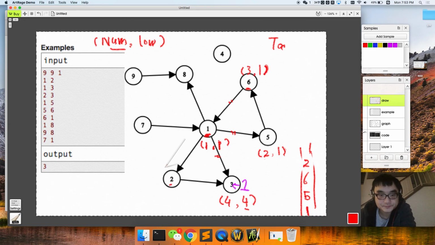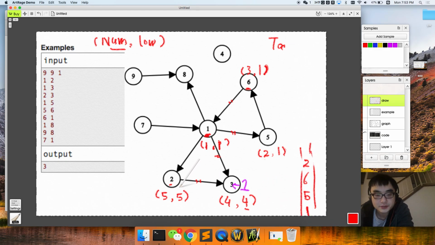And then we check its out degrees, this one and this, let me see. And this guy, we already visited. And this guy is not in the stack, right?